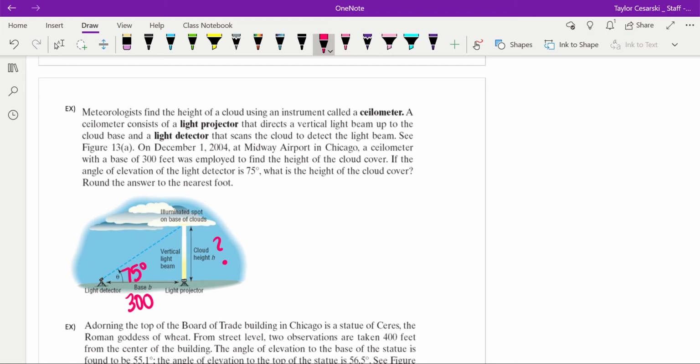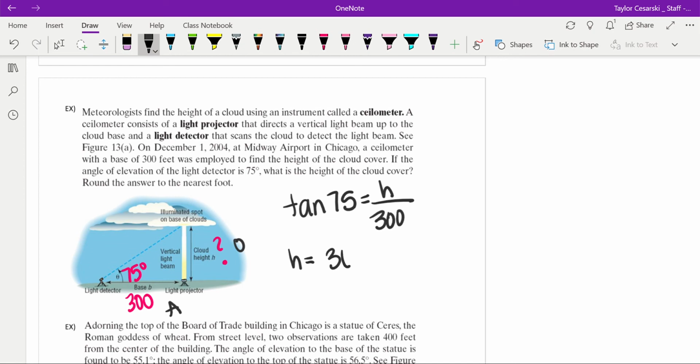Alright, so again, we're labeling the things that we know, and we want to find the height of the cloud cover. So here we have the angle, we want to find the height. In terms of what I know, I have the angle, this is opposite and this is adjacent. So I'm going to use tangent of 75 equals h over 300.